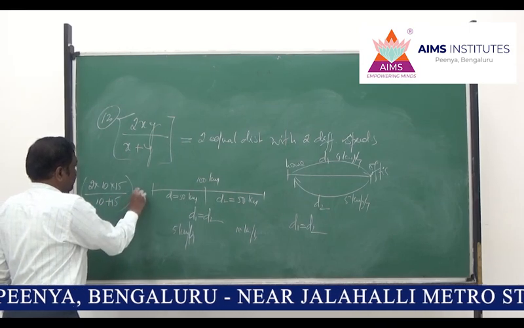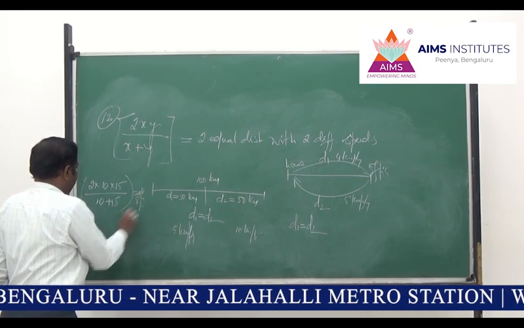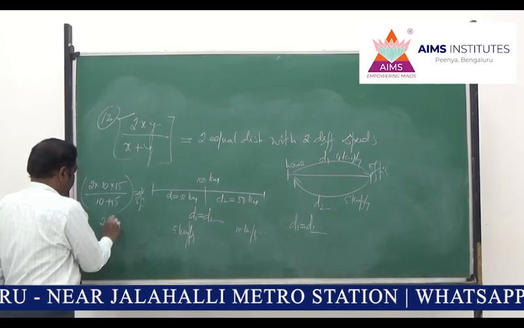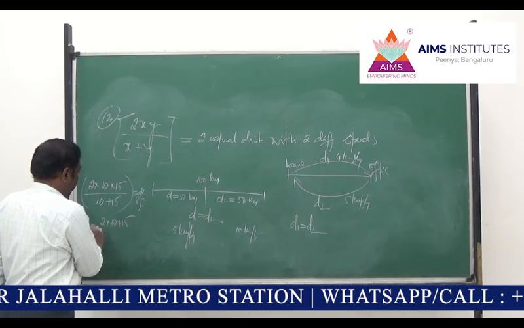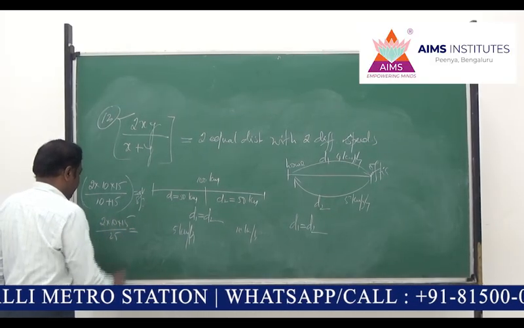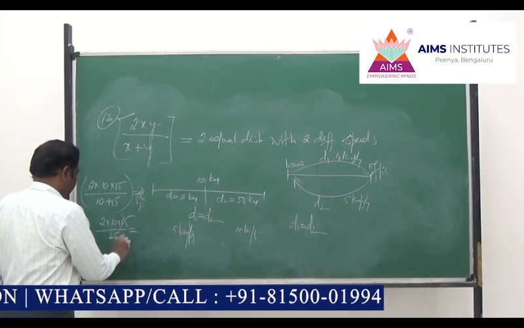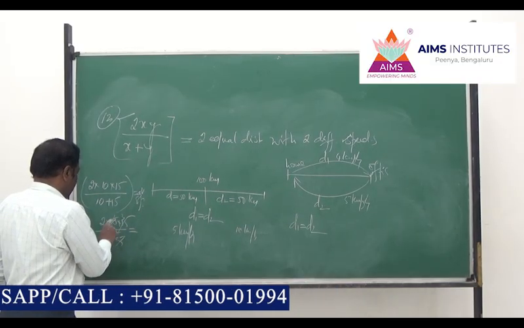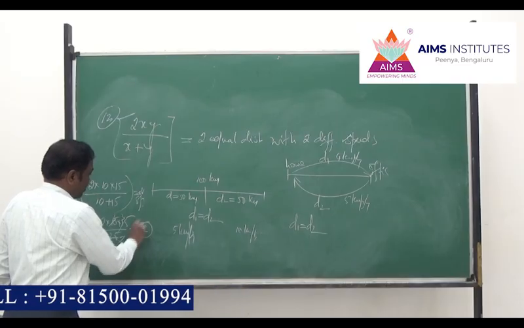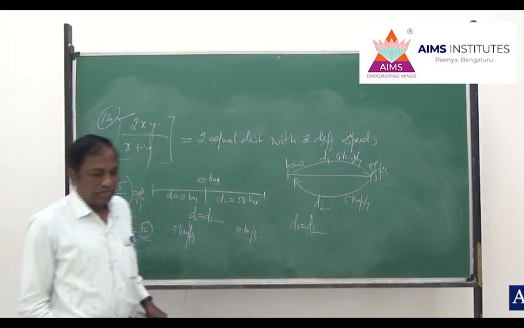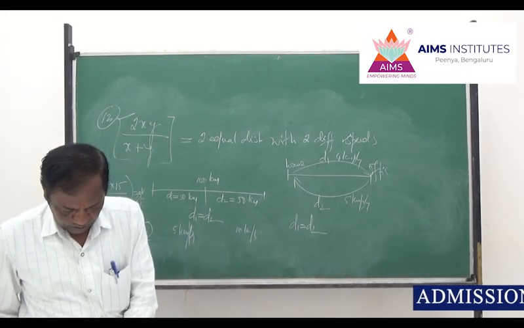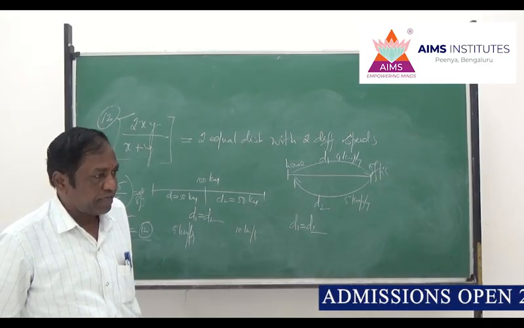You get the average speed: 2 into 10 into 15 by 25. 5 threes are 15, 5 fives are 25, so 2 into 2 into 3 is 12 kilometers per hour. Option A.